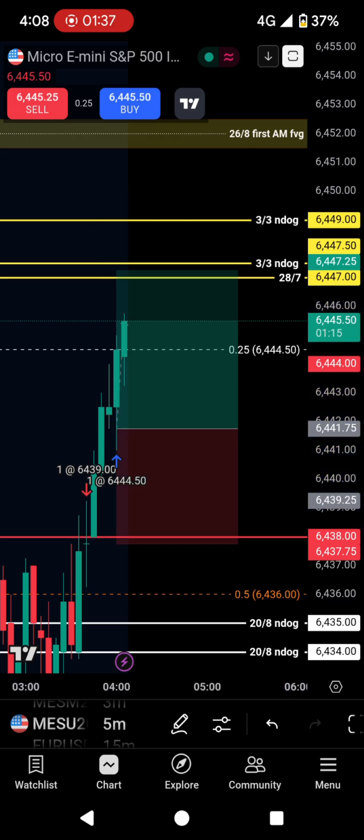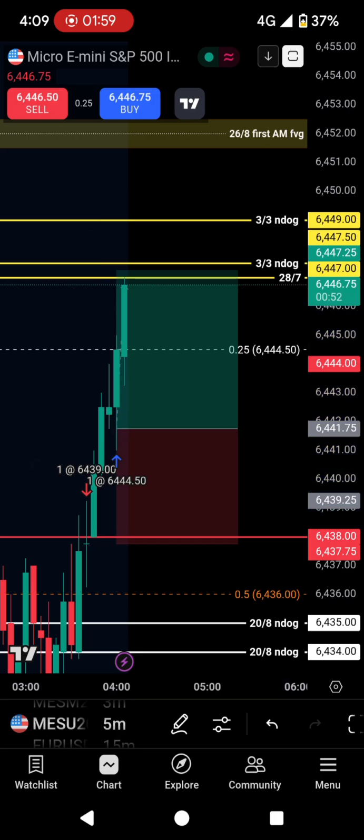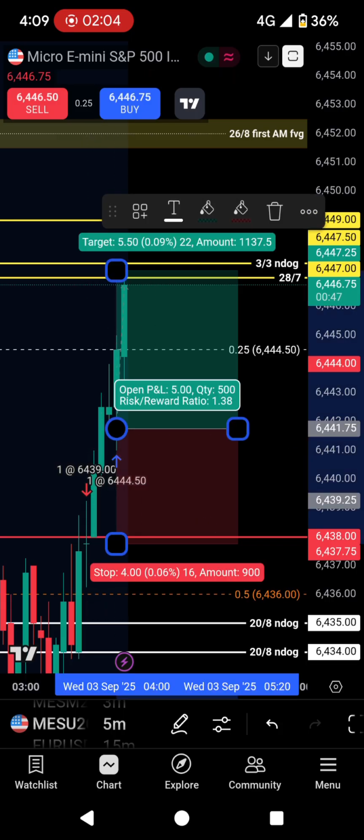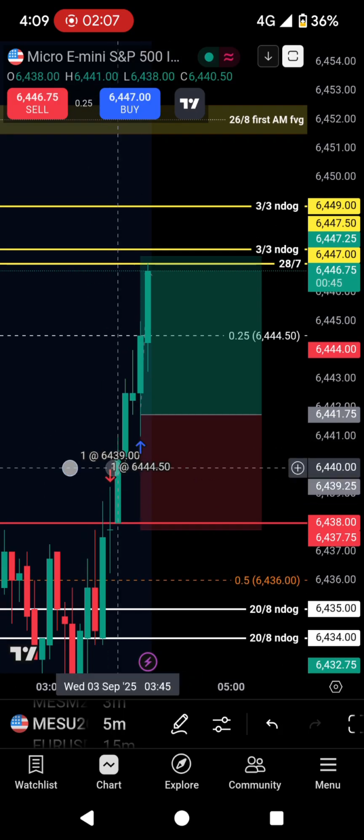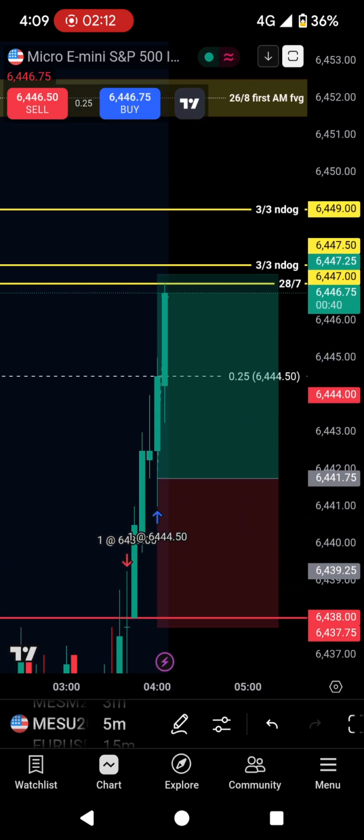Look for 5 points. It's gonna give me the 5 points and that will be it. And bam, there we go. So if I enter this fair value gap here, stop loss is gonna be placed here, because we traded above that buy side level. And bam, there we go.